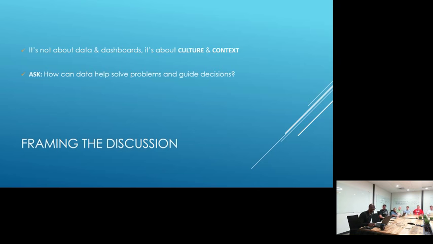All right. So just kind of framing the discussion, we're talking about using data to solve problems. It's not about dashboards. It's not about pretty charts. It's about culture and context. And how can we use data to guide decisions and solve business problems?